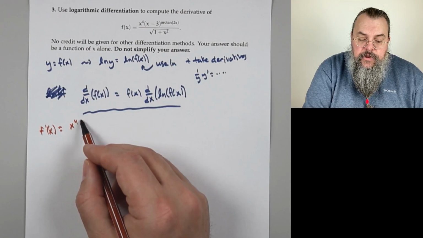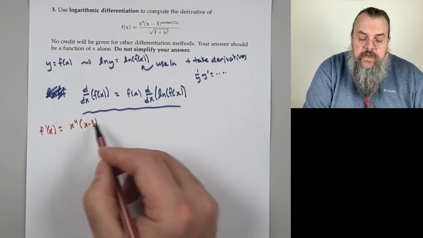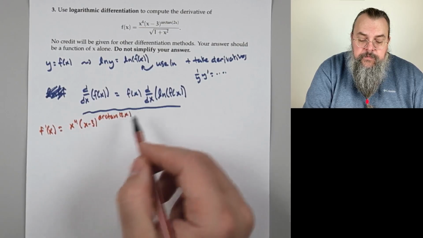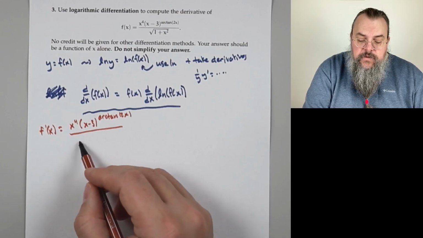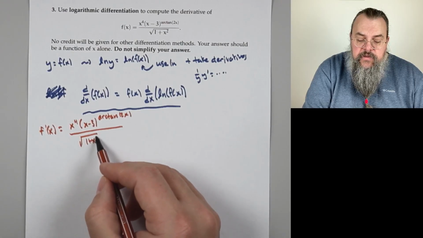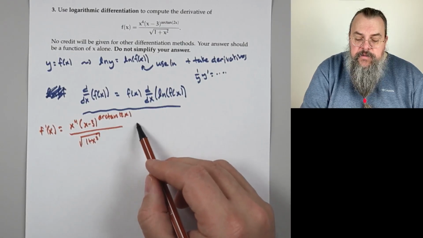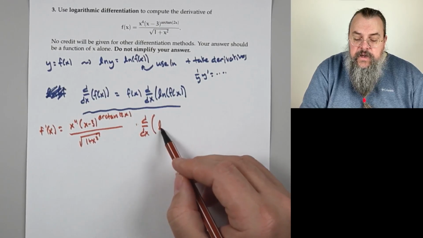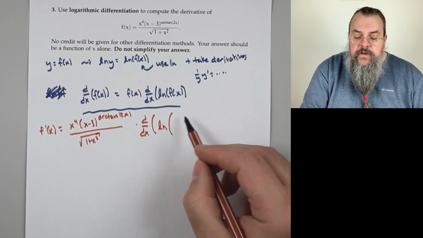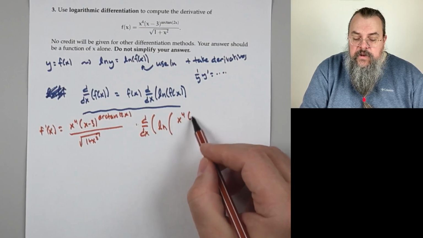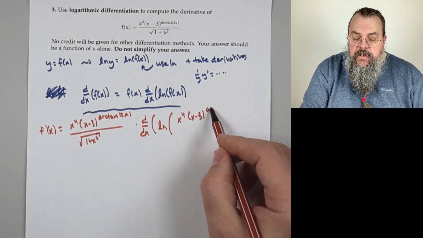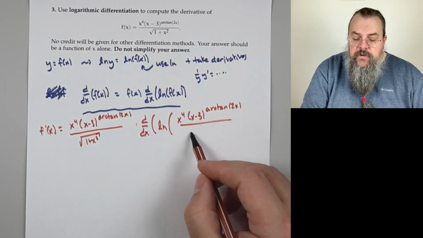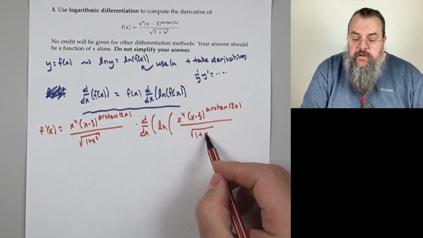So x to the fourth, x minus 3, arctangent of 2x, over square root of 1 plus x squared, times the derivative of the natural log of x to the fourth, x minus 3, arctangent of 2x, over the square root 1 plus x squared.